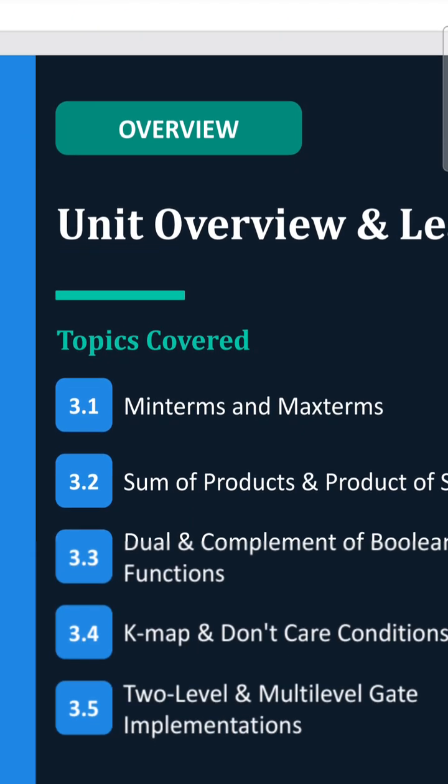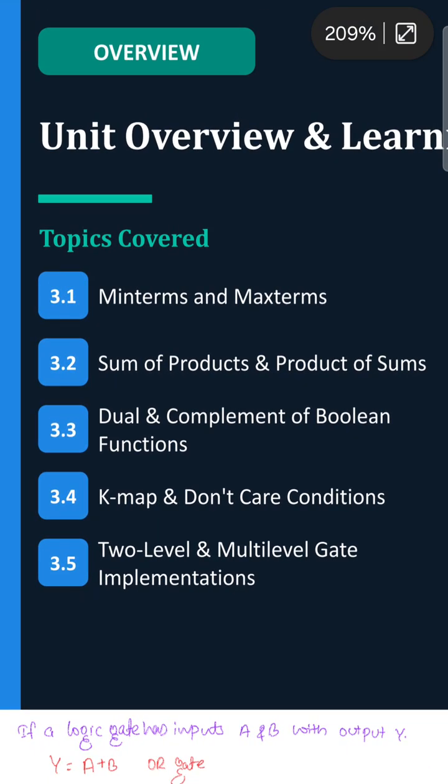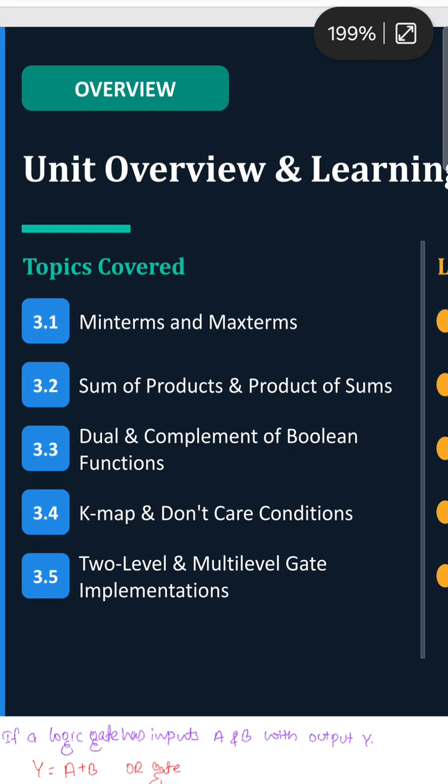Let me make you understand this with one practical application in engineering. Let's consider your smartphone. Every time you unlock your phone, thousands of logic operations occur inside the processor. Modern processors contain billions of transistors. Imagine if engineers never simplified Boolean expressions, the processor would require more transistors, consume more power, generate more heat, and reduce battery life.